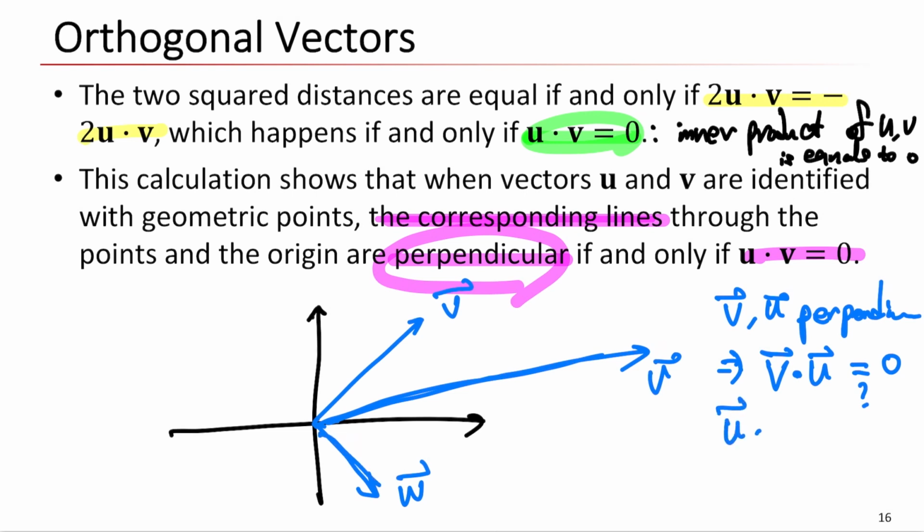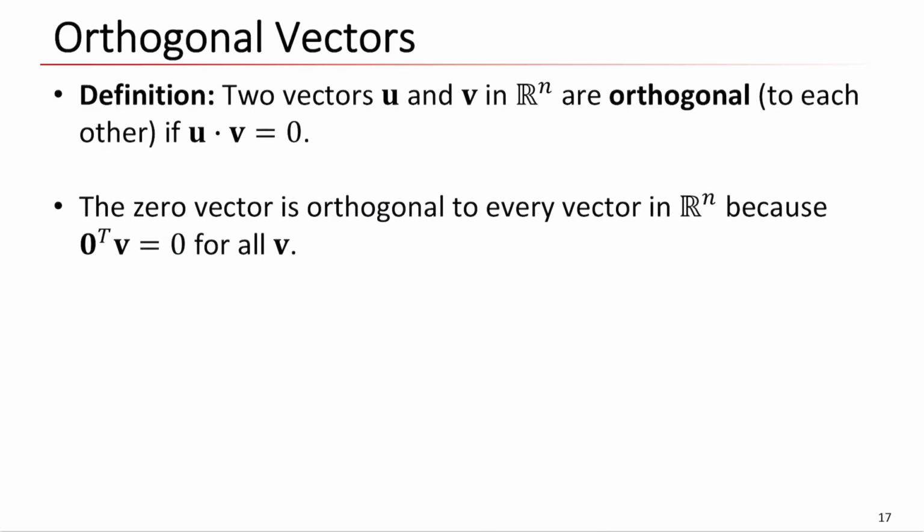What about this and this? We can check u and w: if they are perpendicular, then we have to check w transpose u is equal to 0. Okay, so in other words, by using the definition of the inner product, we can check whether some arbitrary vectors are perpendicular or not. Okay, so here's the definition.